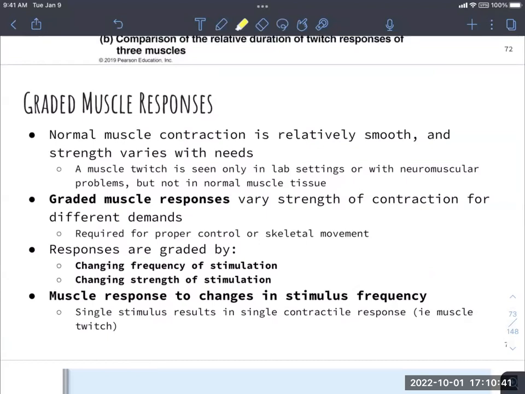So depending on what you need to lift, only some of those muscles are contracting while others are relaxing. If you're trying to pick up something kind of heavy, some muscles start to contract, but those aren't enough for you to pick up something. So more fibers contract, and then more fibers contract until you can pick up something that's really heavy.